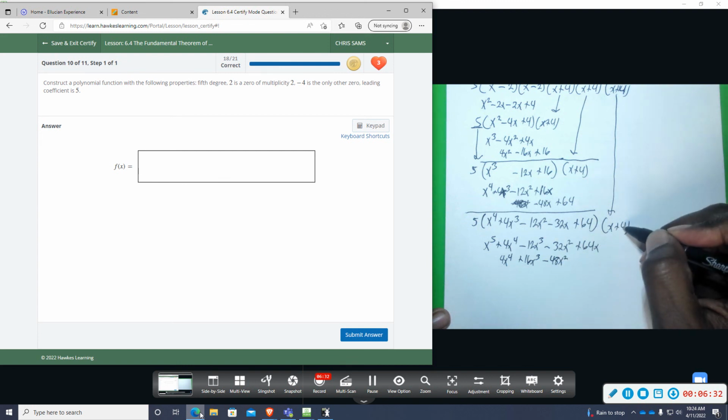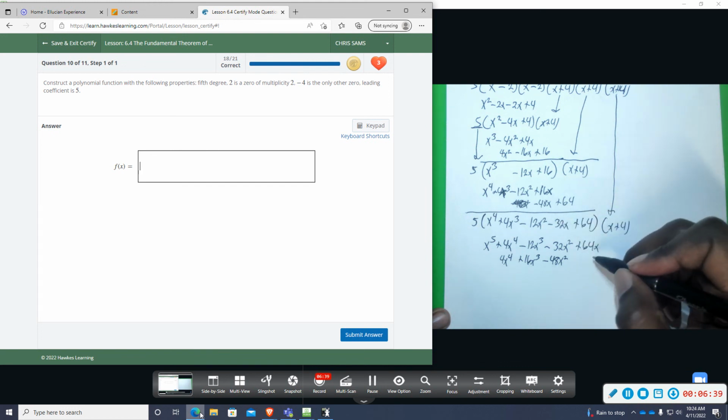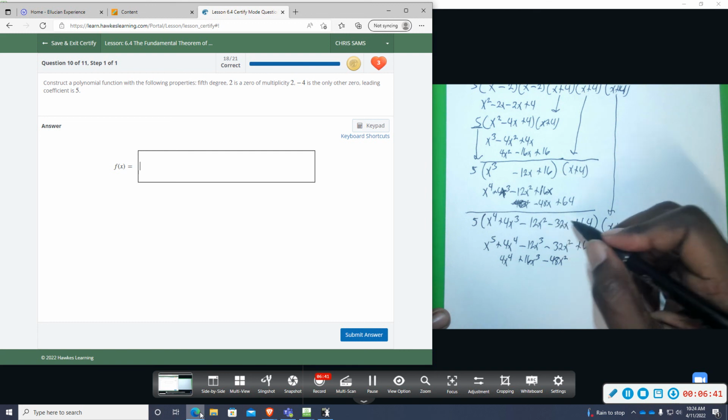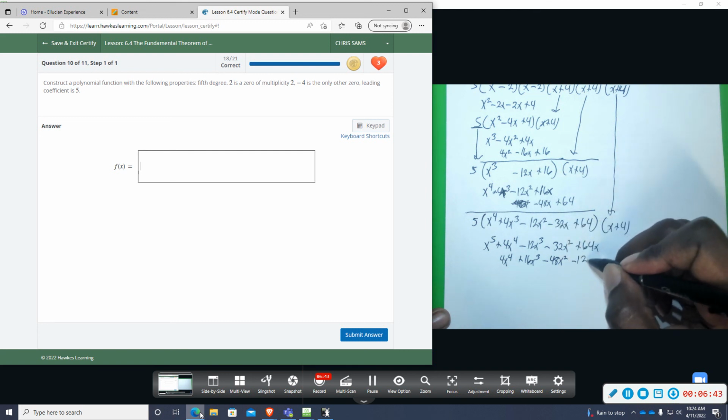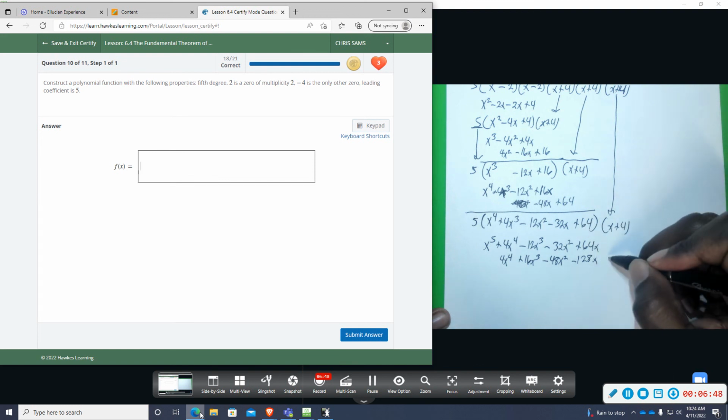And then 4 and 32, 4 is 8, and then 12, 128, negative 128x, and then 4 and 64, get 256.